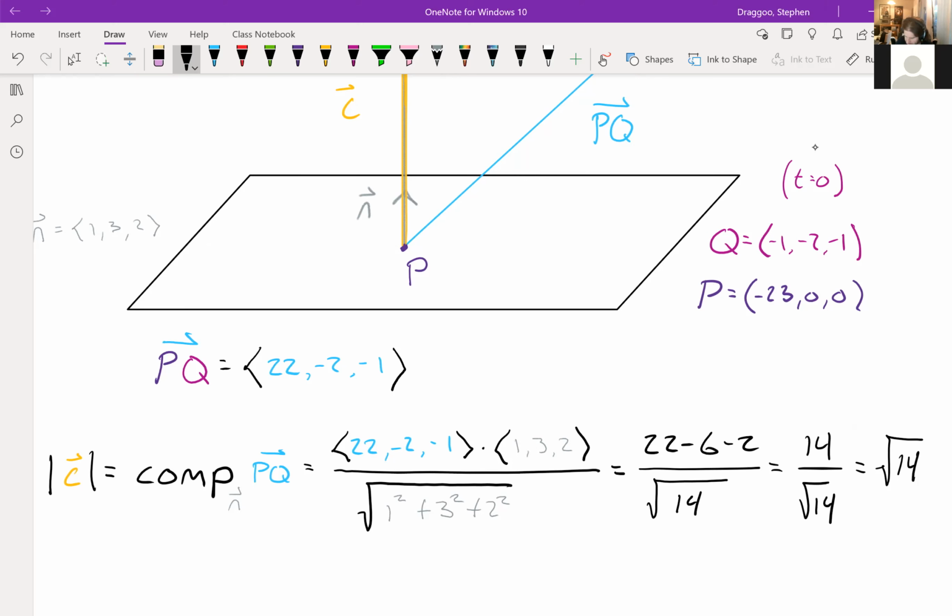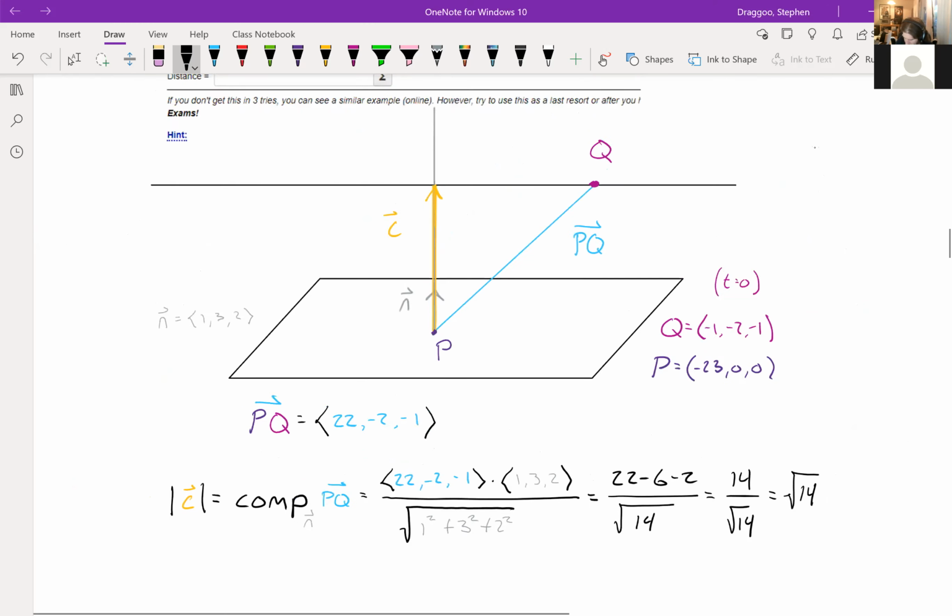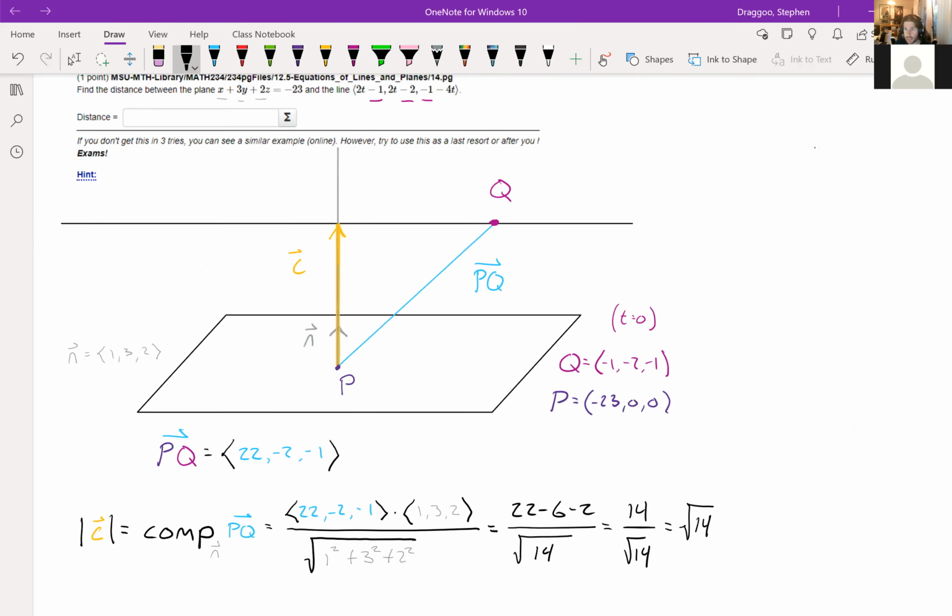Can I scroll up a little, please? Yeah, I can do you one better, I think, and zoom out a little bit so that we can get the whole problem on the screen at once. I'll let it sit there for just a second.